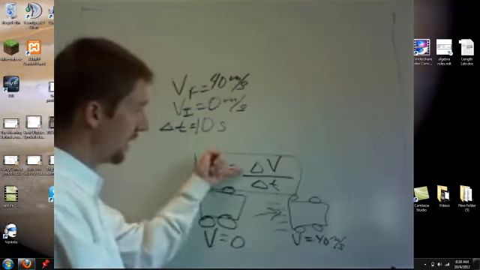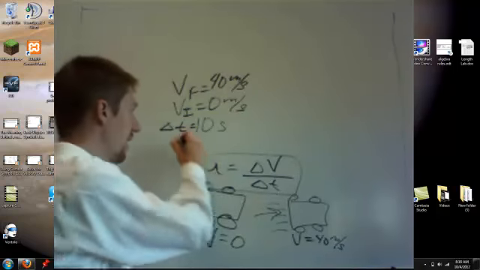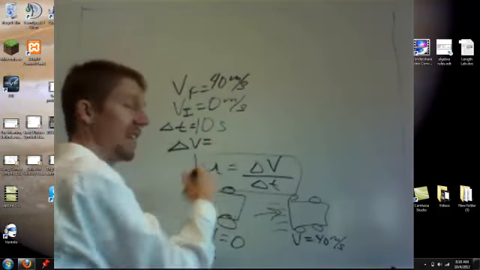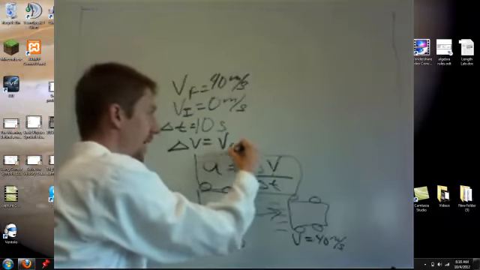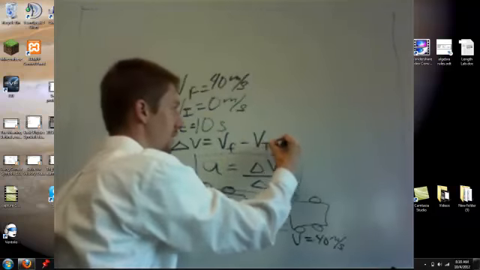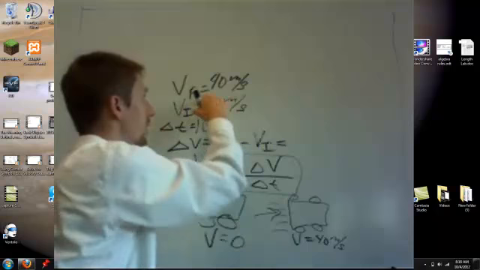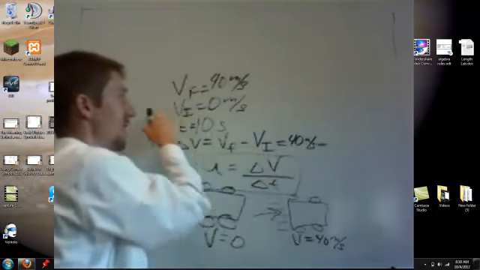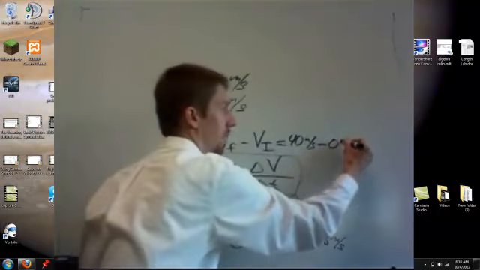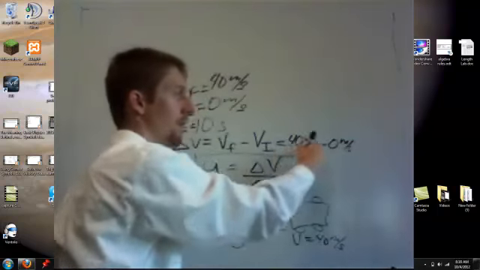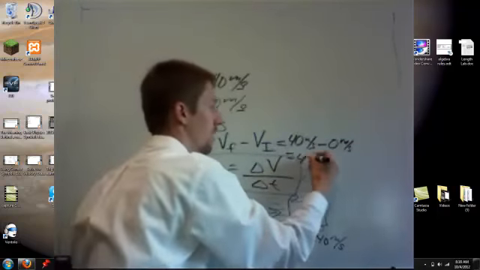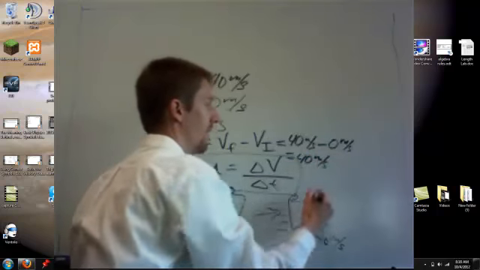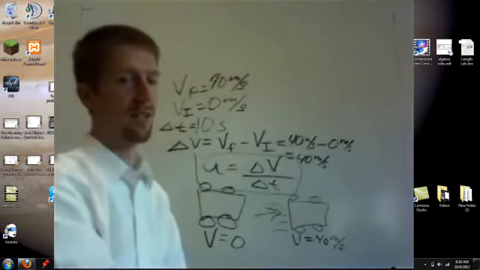We only have to find the change in velocity. The change in velocity, the change in anything, is the final minus the initial. VF, 40, minus the initial, 0. 40 minus 0 is, of course, 40. That is the change in velocity.